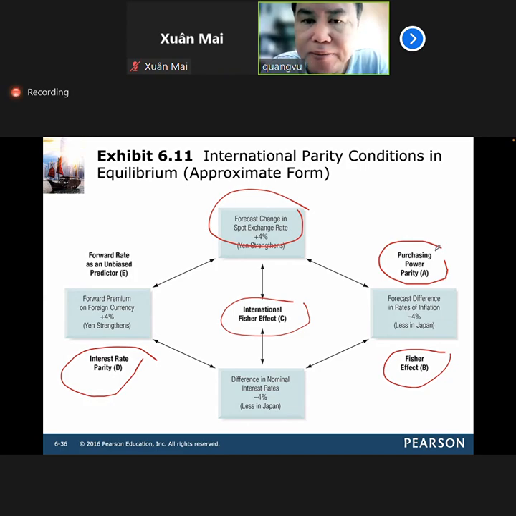Very quickly, sooner or later, all violations of the law of one price disappear, and the market goes back to equilibrium, so that the same product sold in different markets must be priced exactly the same. That's the law of one price and purchasing power parity.